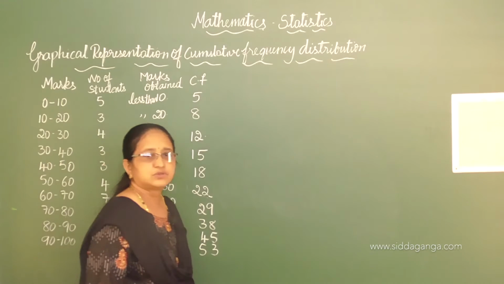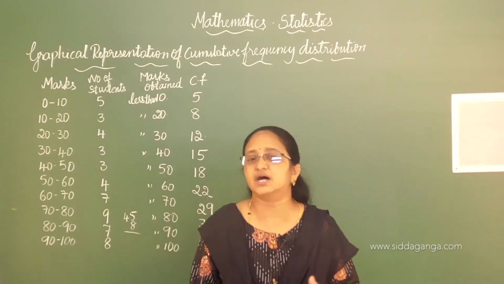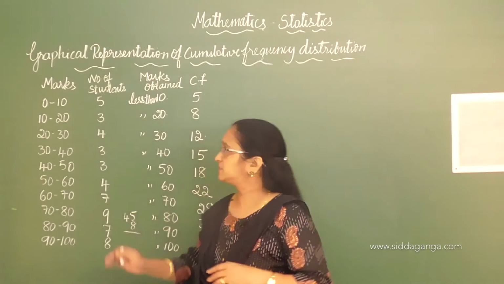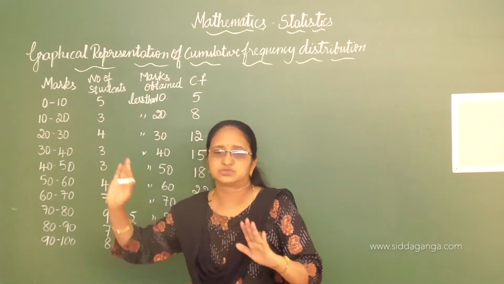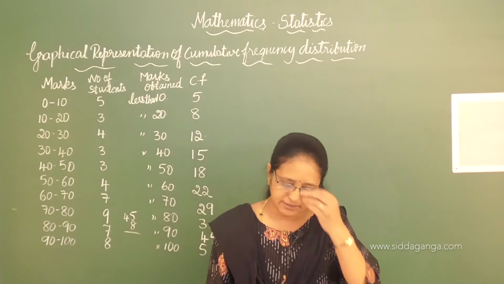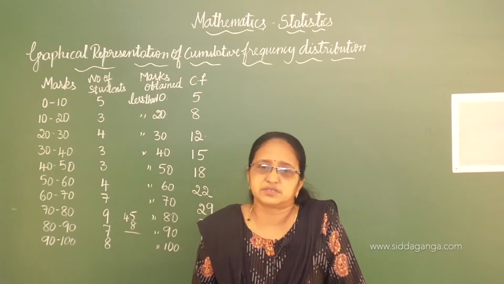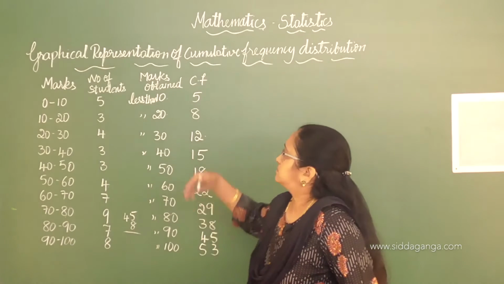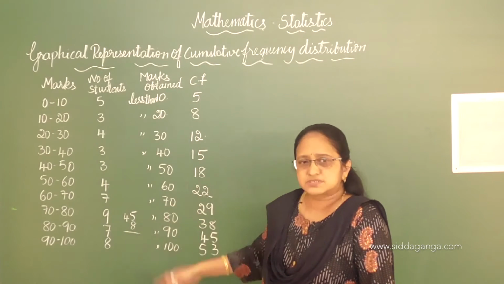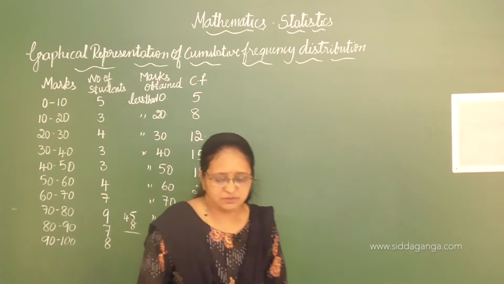Now as I told you, suppose they give the question like this and ask you to draw the less than type ogive. Before drawing it, you have to write down the points, because to plot the graph, once you are familiar with these steps, it will be easy for you. Otherwise it is better to write the plots.